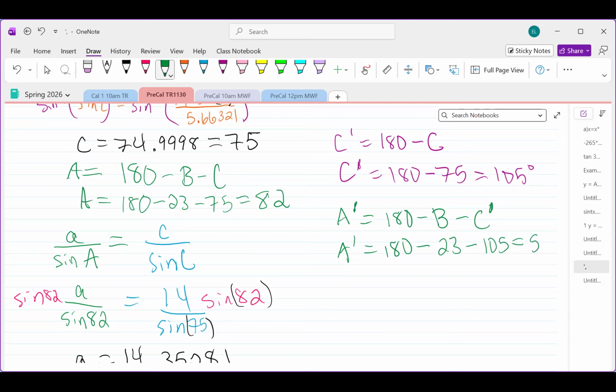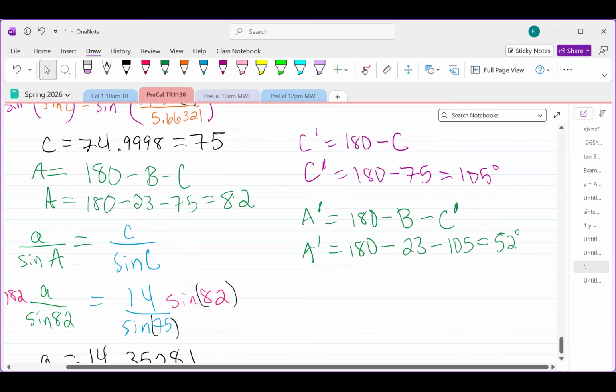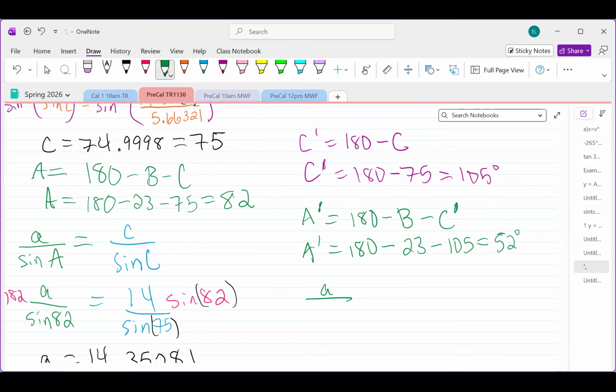So we get 52 degrees. And now we're going to run the same calculation we did before. I don't know A, but I know the sine of angle A is the sine of 52.